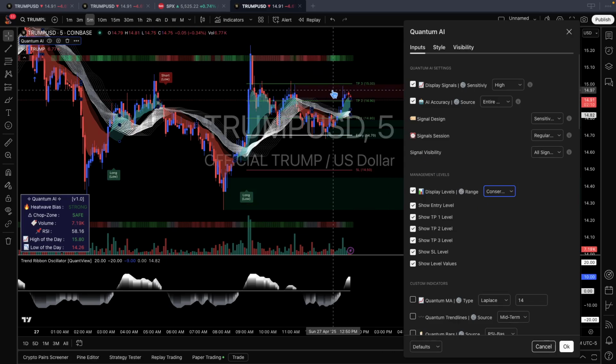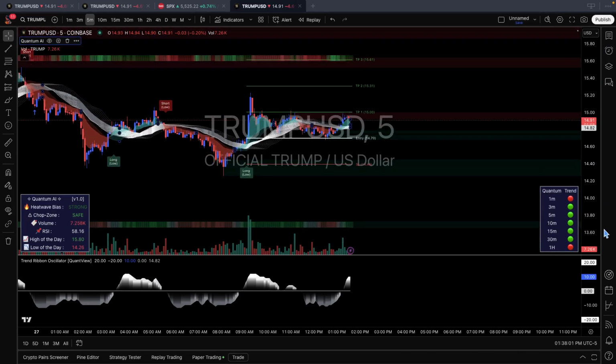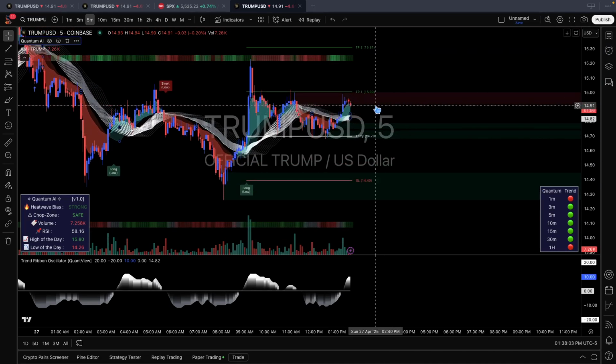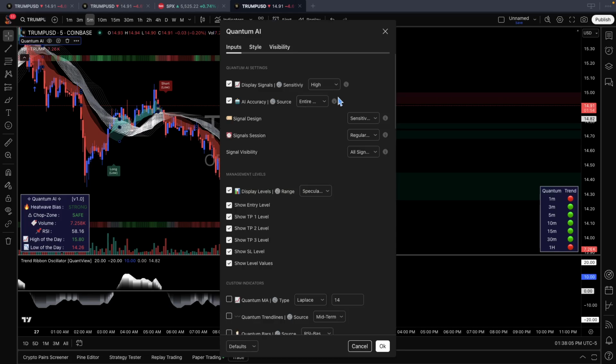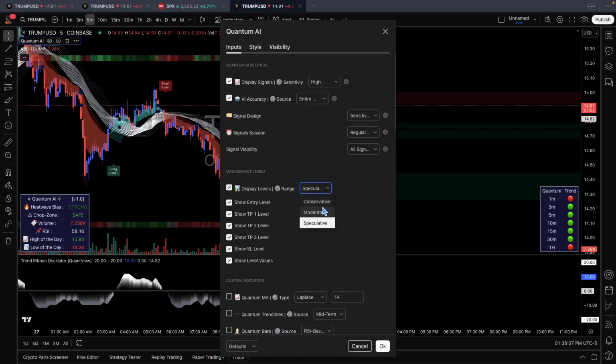They're going to squeeze. See what I'm saying? If you want to be moderate, or you want to be super speculative, basically meaning you're willing to take more risk. I would stick with moderate, to be 100% honest. It's up to you.